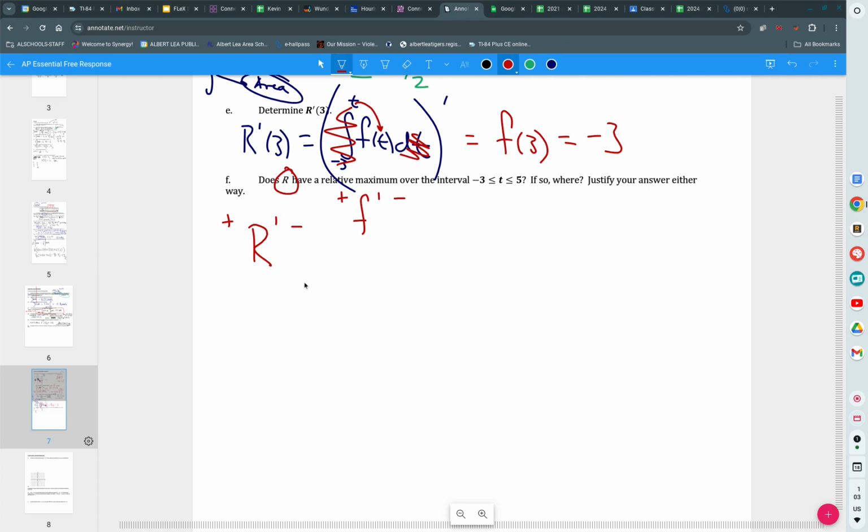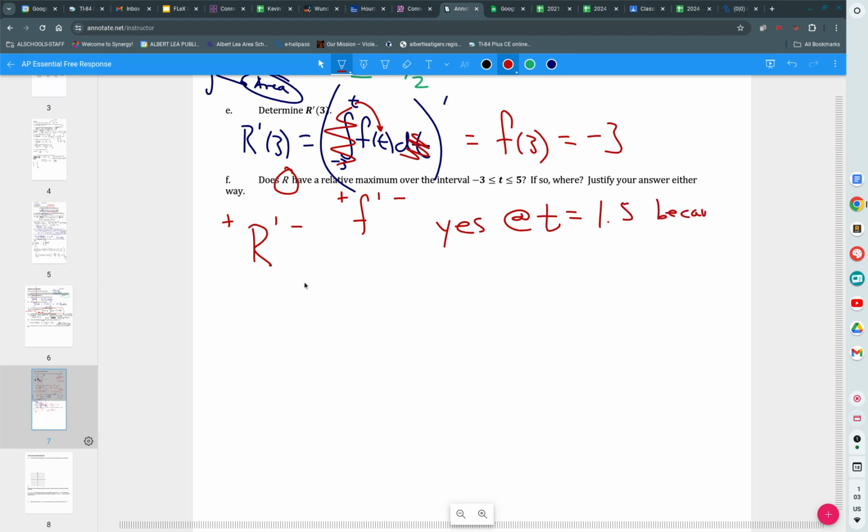Five, four, three, two, one. What is R prime? Just the function, right? Does the function ever change from positive to negative? Yes. At t equals, did you say 1.5? Yeah.